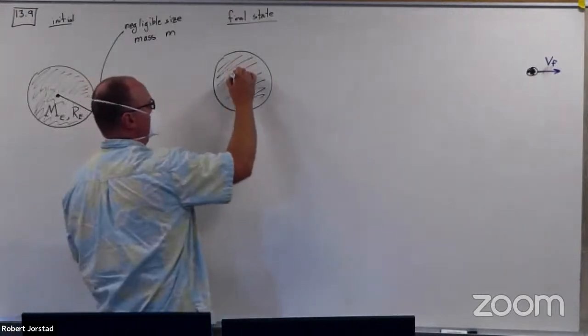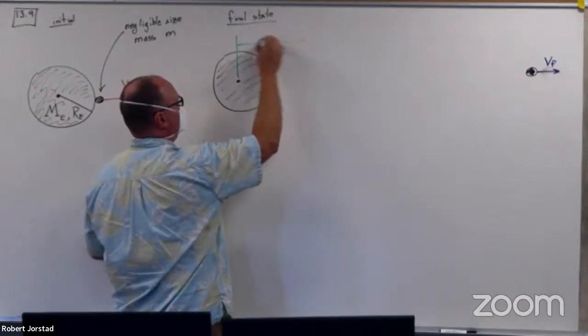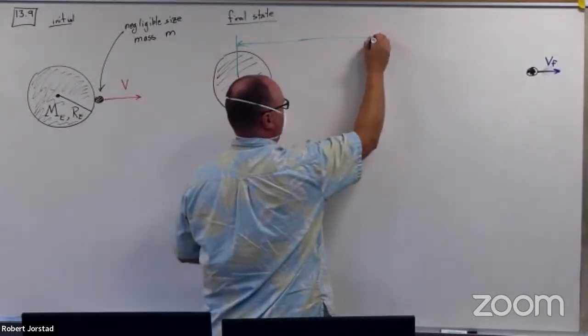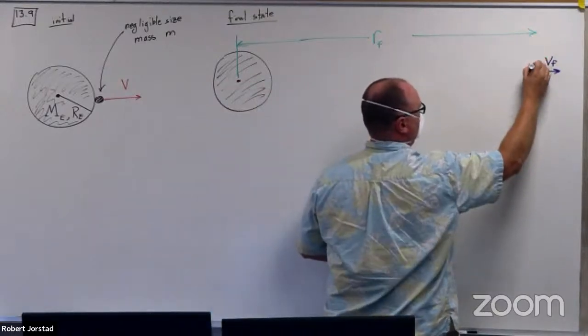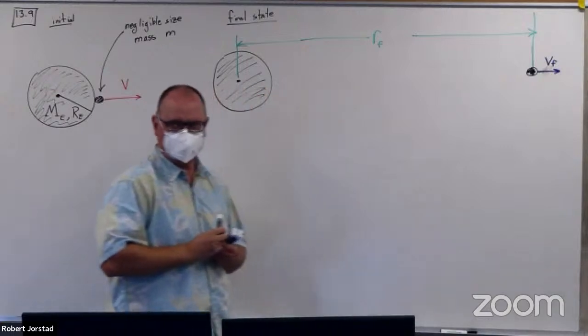Here's one of the things. There's some final distance, and that's going to be center to center. And then there's some final speed.